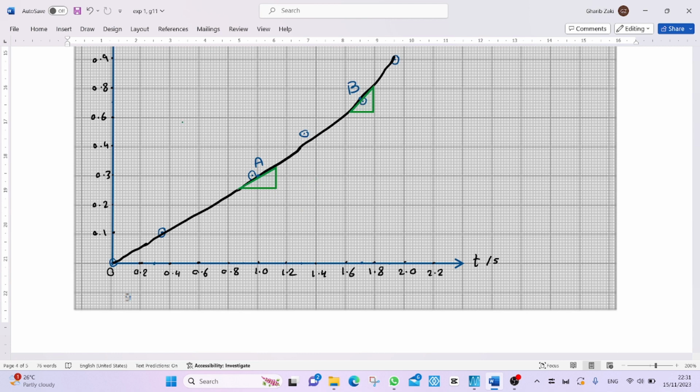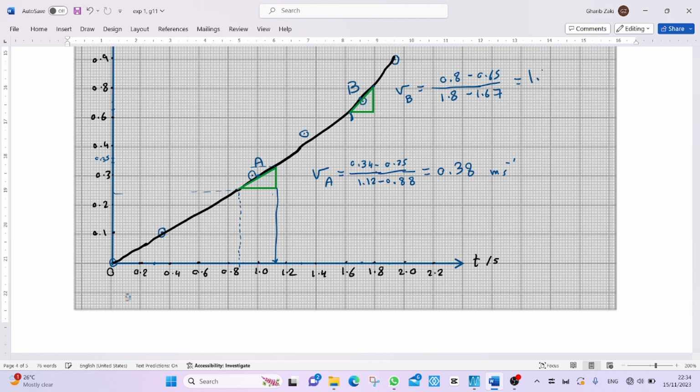So V at A, the instantaneous velocity at A, is 0.38 meter per second. The same way, we find the instantaneous velocity at B. Velocity at B is 1.15 meter per second.